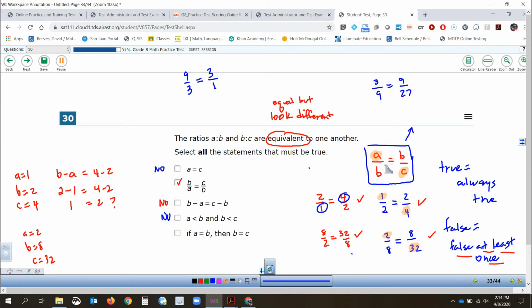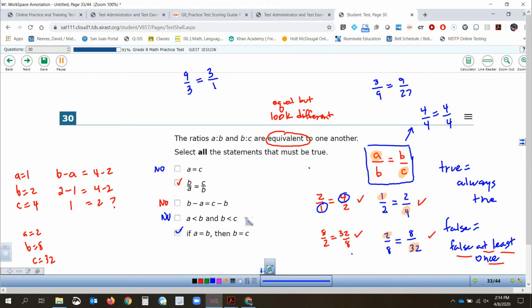So last one. If A equals B, let's just say that A is 4, then B would have to be 4, right? So that would mean B is 4, and then C would have to be 4. They would all have to be the same, right? So if A equals B, then B has to equal C. They'd all have to be the same. So this one is also going to be a yes.